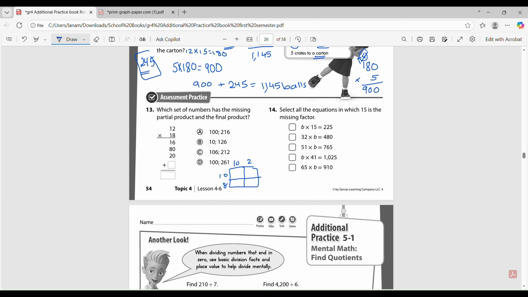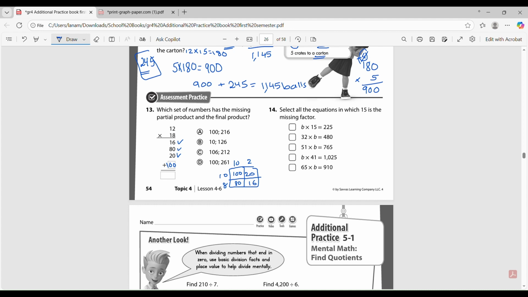Now 10 times 10 is 100, 2 times 10 is 20, 10 times 8 is 80, 2 times 8 is 16. So here we have 16, yes, we have 80, yes, we have 20, yes, the missing is 100.